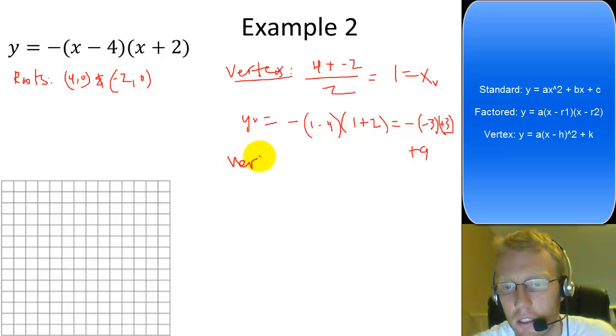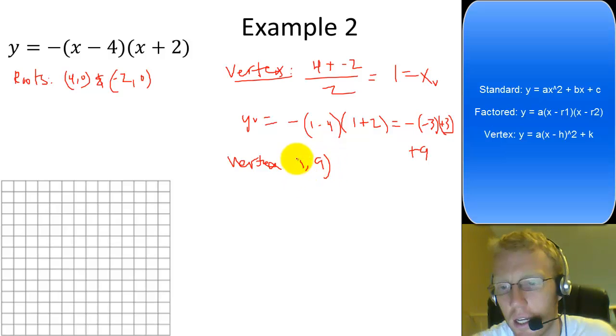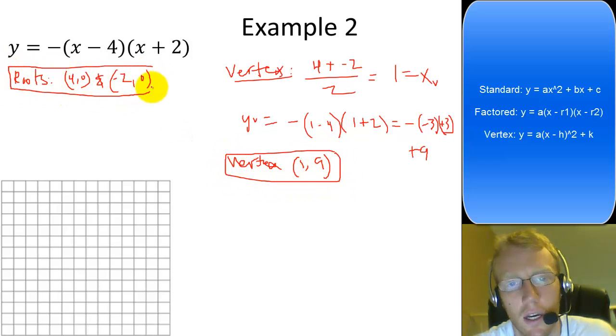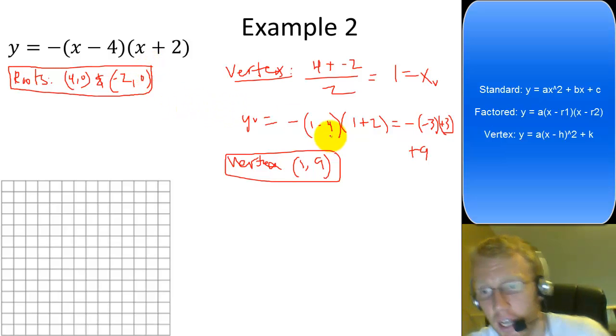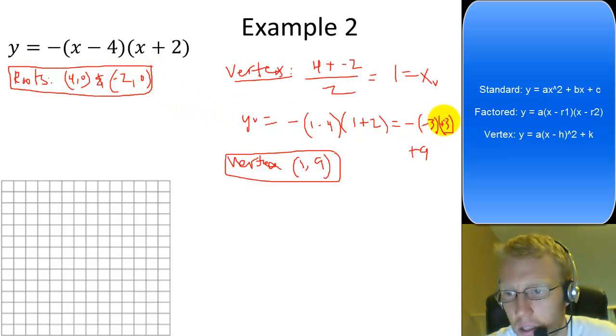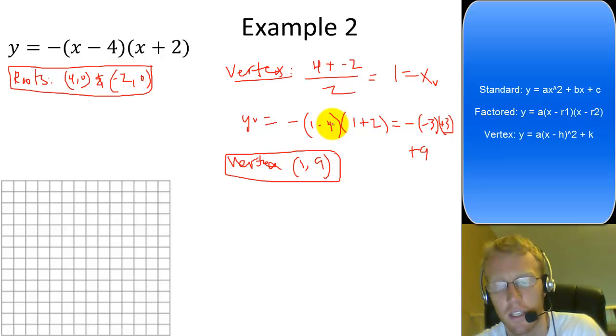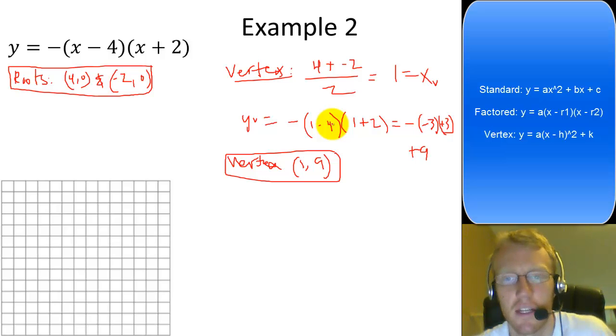So our vertex is located at 1, 9. That's useful to know. We got our roots over here. I want to mention again that the two numbers came out to be the same number because the vertex is right in the middle, so it's equidistant left and right.